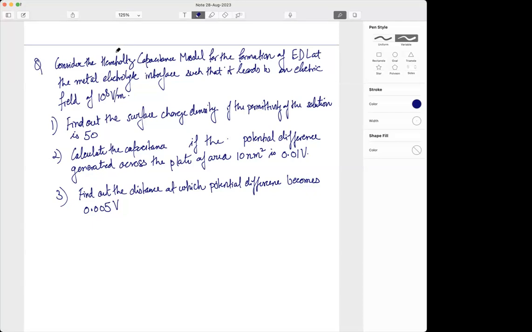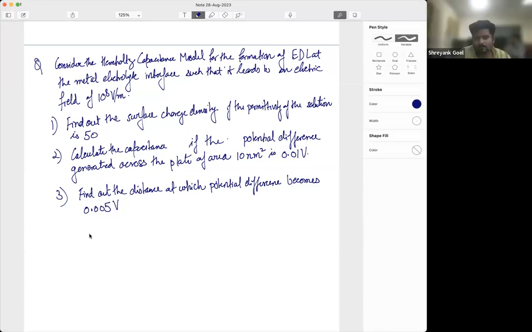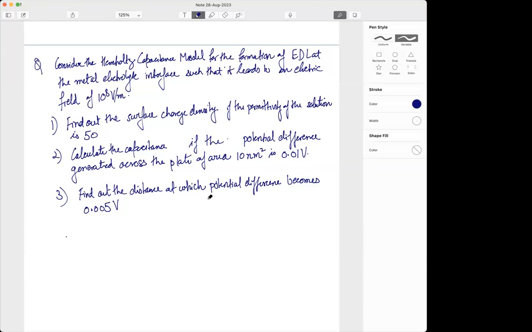So the first one is 0.04. Yeah, what is the first one? 0.04. So let's try this out.